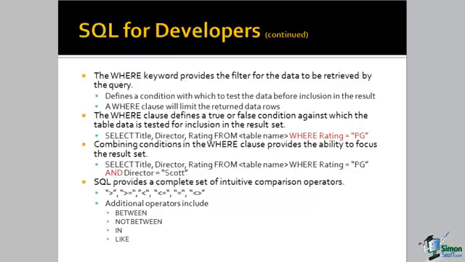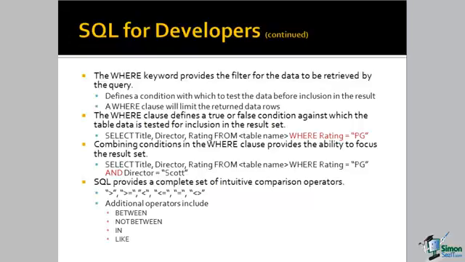For example, we write a select statement requesting the title, director, and rating columns from a table, and we ask for the rows in that table where the rating column is equal to the string PG. This will limit the number of rows returned from the table.